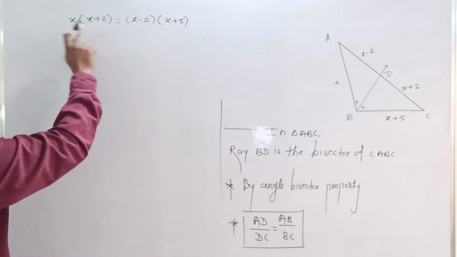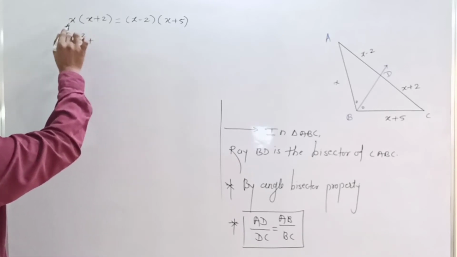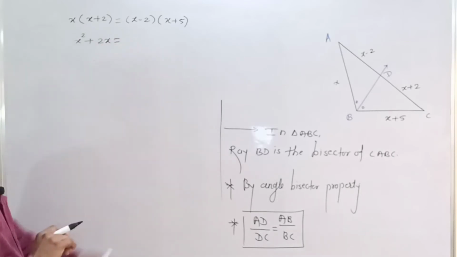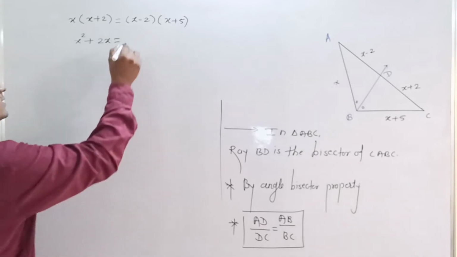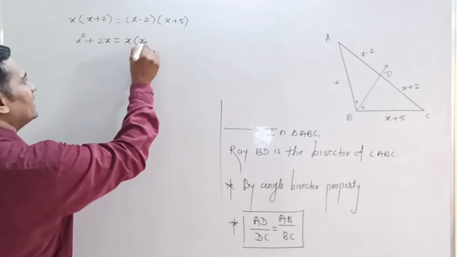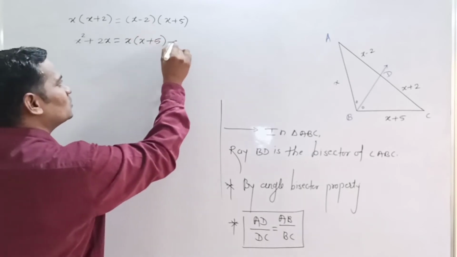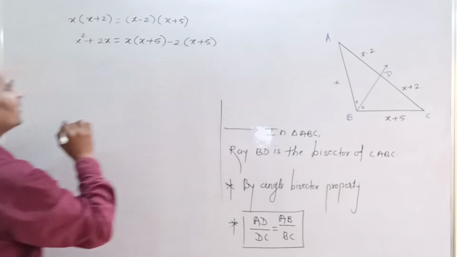So solve this bracket. X into x, that will be x square, plus x into 2, that will be 2x, is equal to. Now we have to multiply the second bracket by each term of the first. That means x into x plus 5. Now which is the second term? Minus 2. So minus 2 into x plus 5, this way.